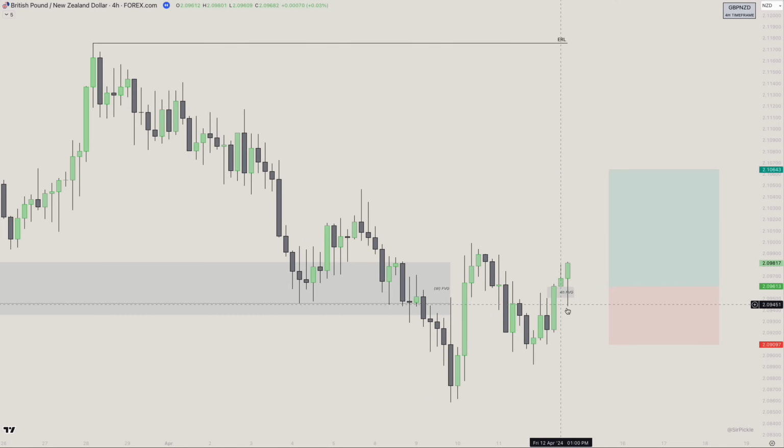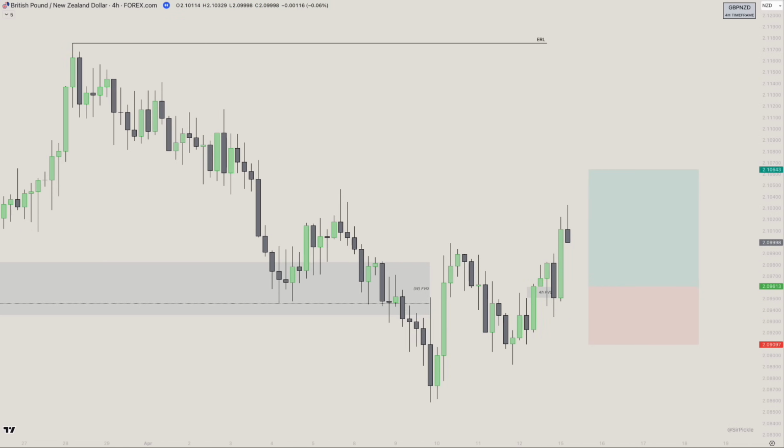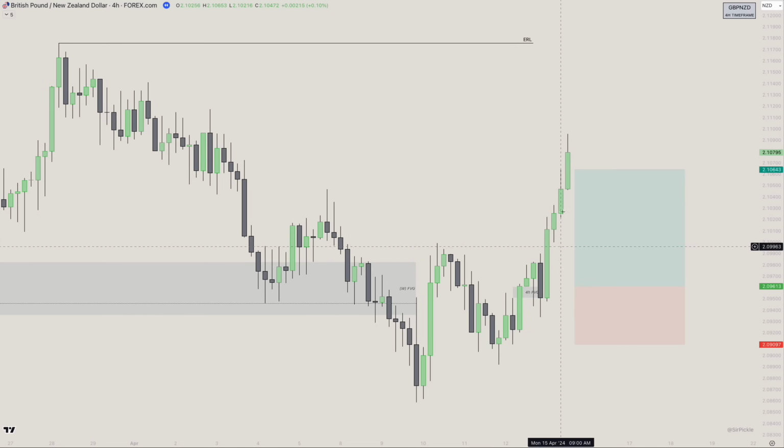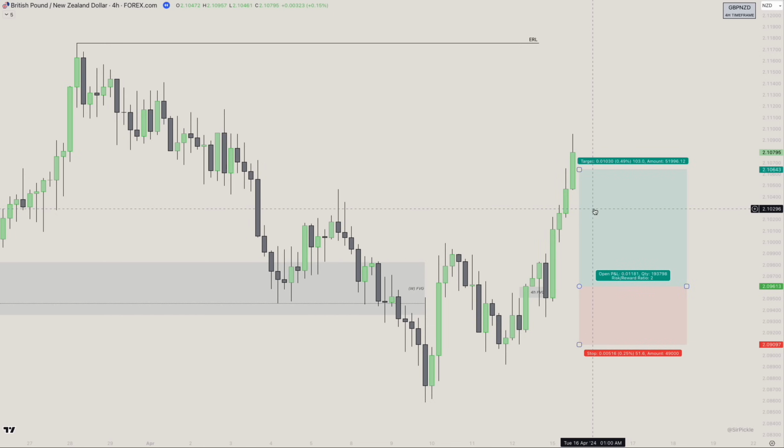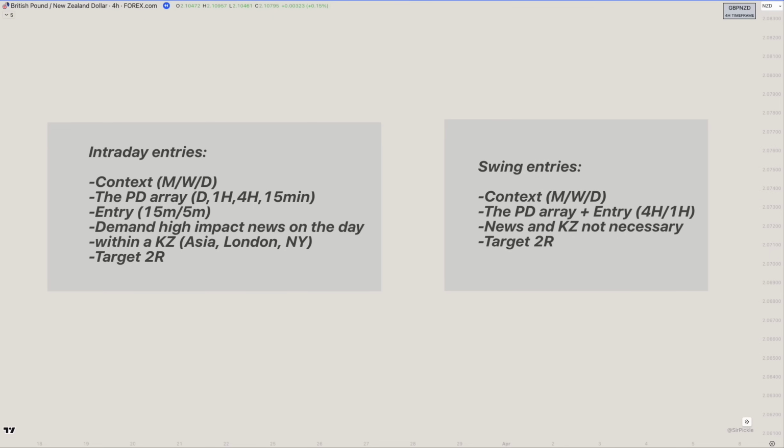It's very, very simple. Look for your context, dive into the time frame, using the correct time frame alignment, go into the 4-hour from a weekly, and then literally just enter on that gap. So let's see how this delivered, and beautiful delivery. There is your 2R.